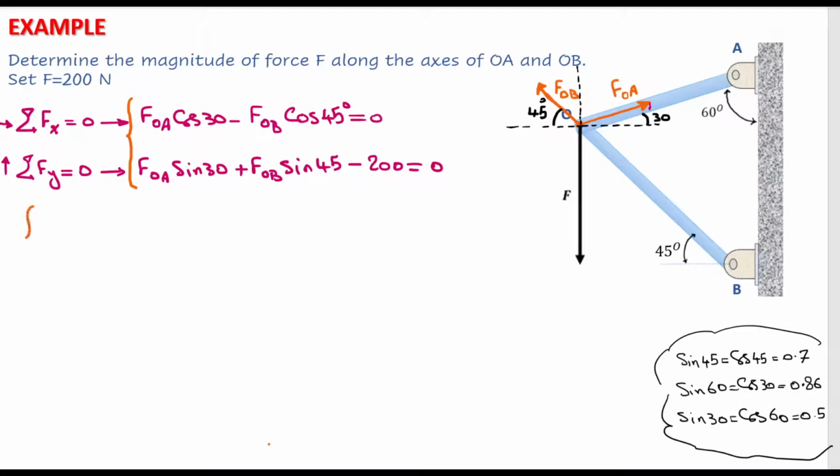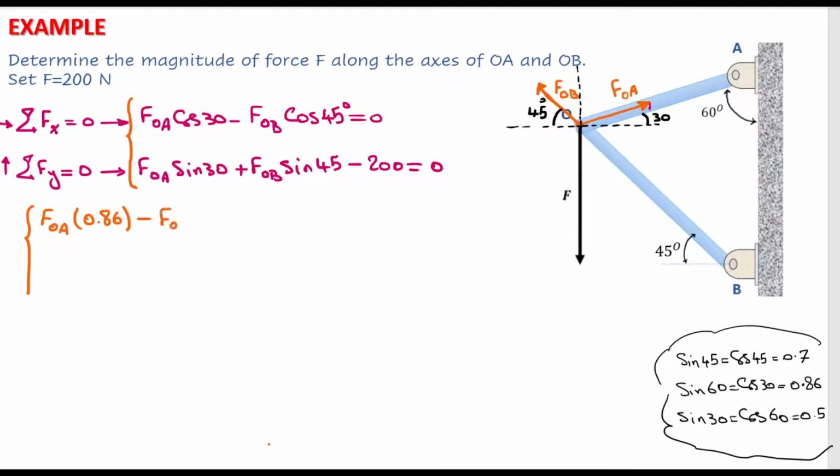Let's plug in the numbers. So I have FOA, this is what I'm looking for, and cosine 30, which I calculated before, 0.86, you can plug it into a calculator.